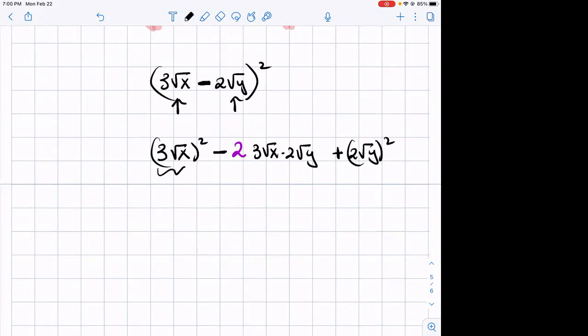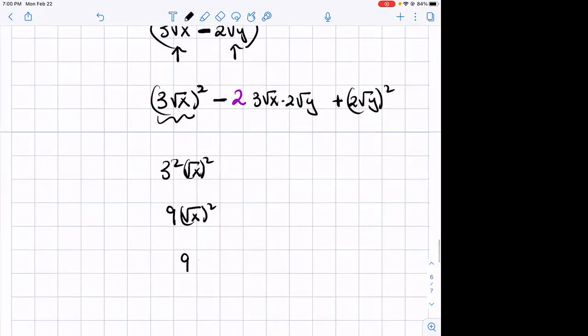Now, this really means here 3 squared root x squared, right? Because you have to distribute the 2 to everything. So this is 9 root x squared, and root x squared is just x. Okay. If you multiply the coefficients, 2 times 3 is 6, 6 times 2 is 12.